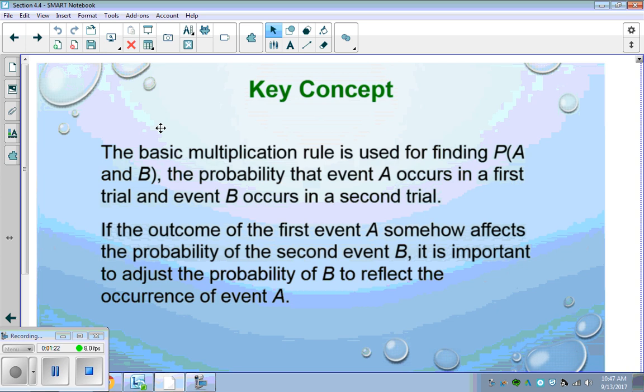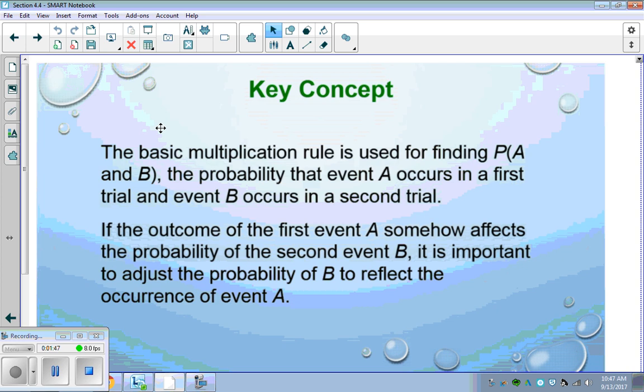A dependent event would be, let's say that you are selecting a card from a full deck of cards. How many cards in a full deck of cards? 52. How many suits do you have? How many different suits? 4 different suits. What are they?